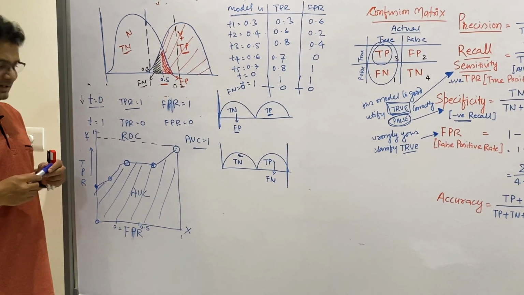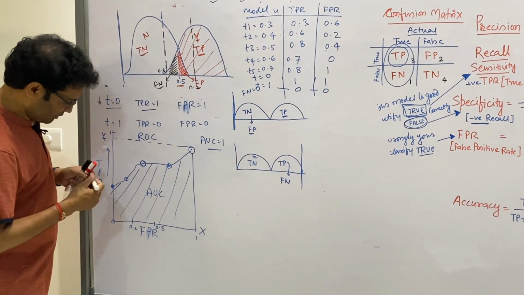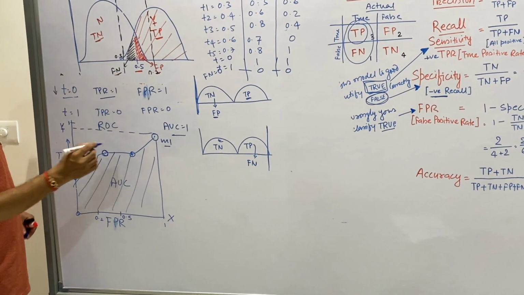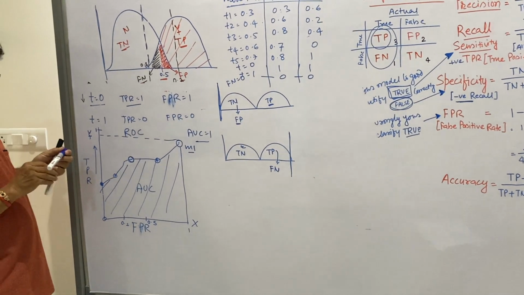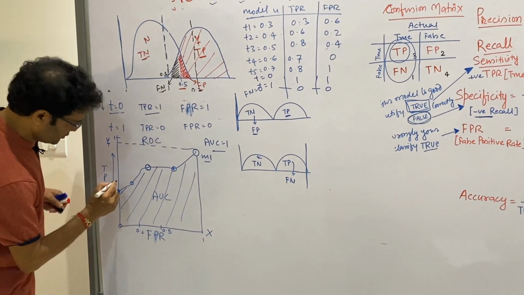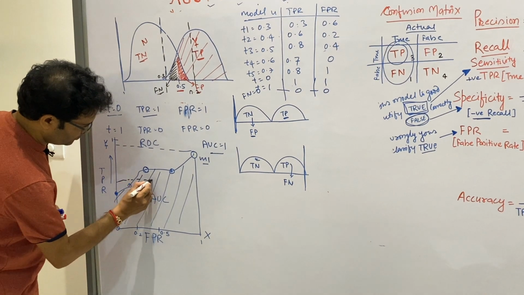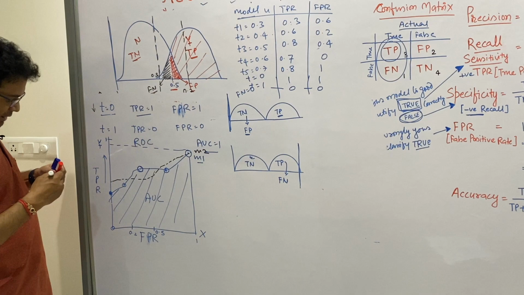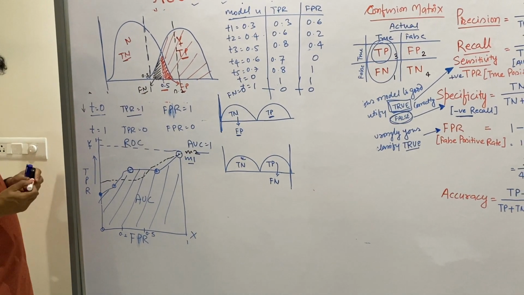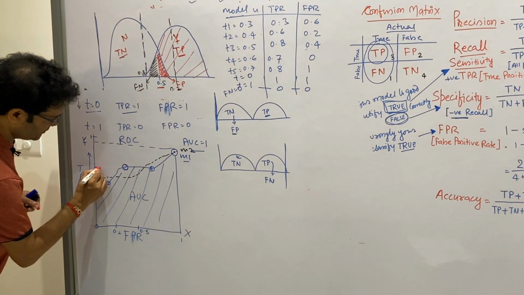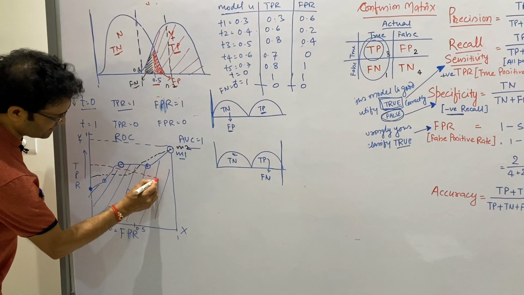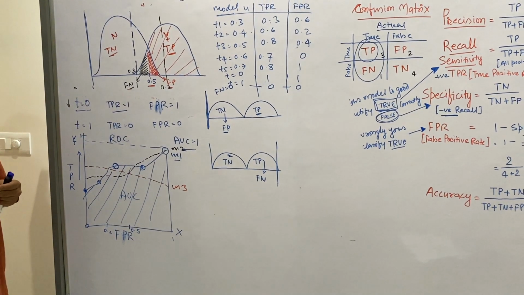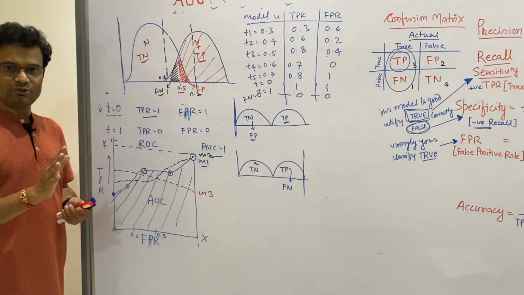But now think about this is for model 1. So for model 1, this is the ROC. For model 2, suppose this is the graph. And for model 3, just very hypothetical. So now you have 3 ROCs, right?